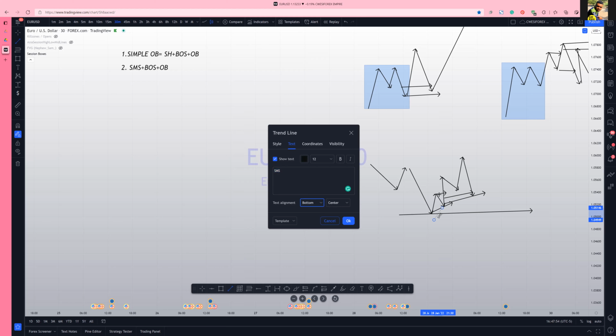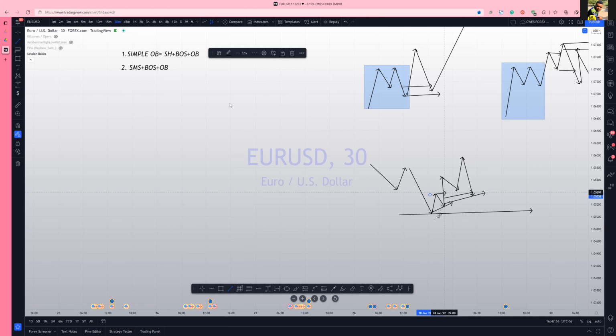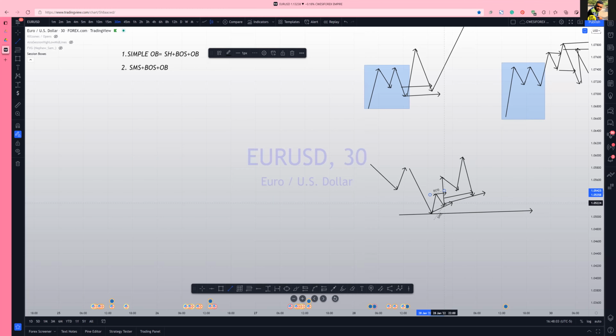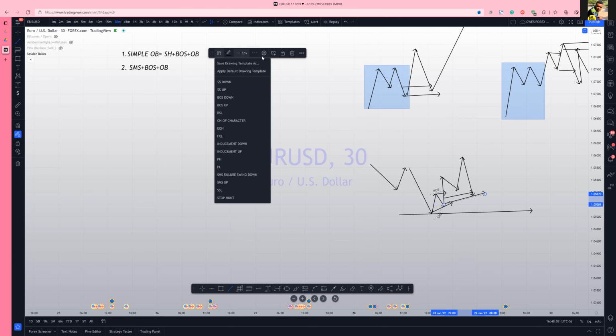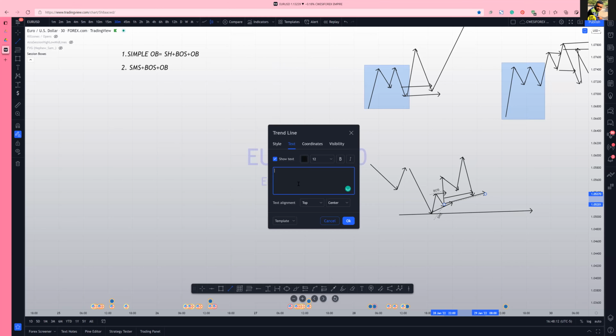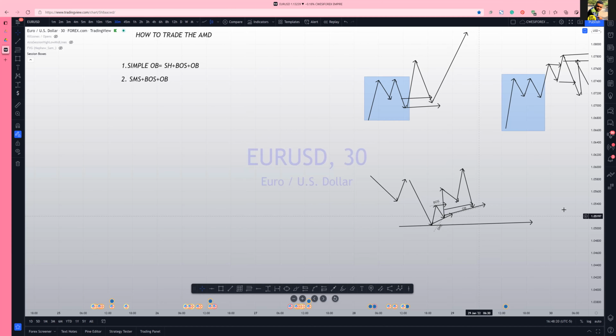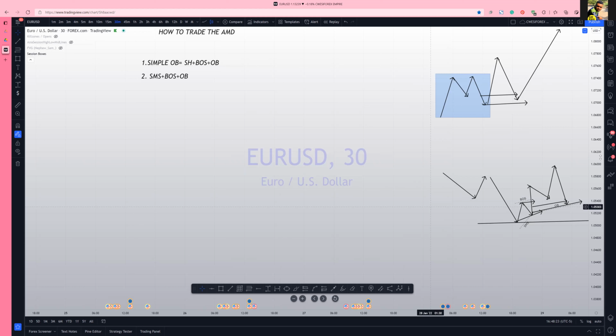Then we have this break of structure over here, BOS up. And the last one is the order block, OB over here.